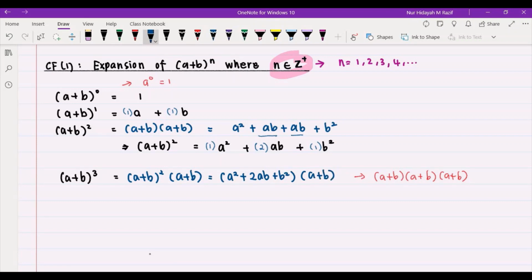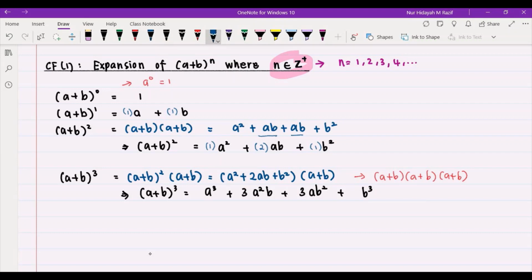Then again, we need to expand. What you are going to get here is that (a + b) cubed equals a cubed plus 3a squared b plus 3ab squared plus b cubed. If you are not sure how I got this, you can just expand manually one by one.